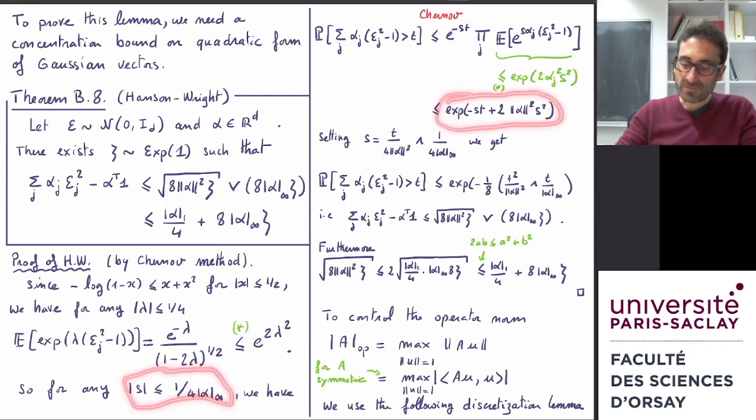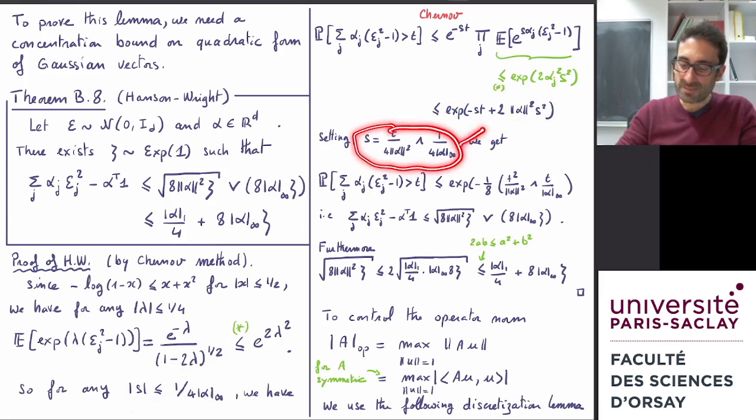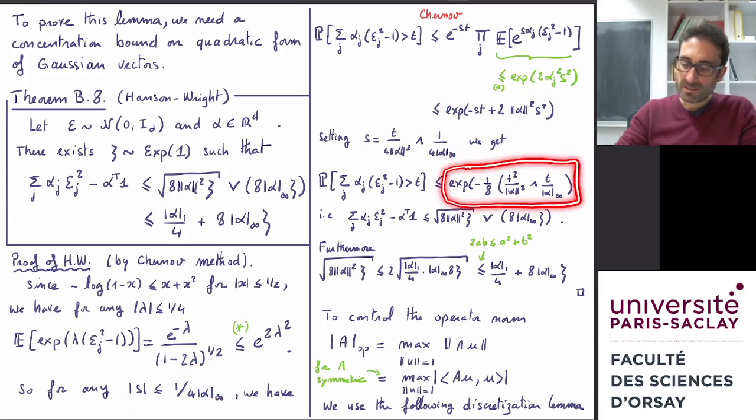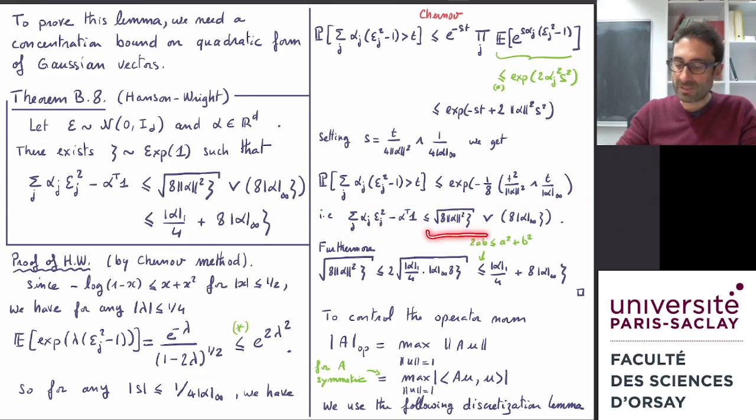And now if you plug this value in this bound here, you end up with this upper bound on this probability. This is exactly the same as saying that the difference between my quadratic form of epsilon j and its expectation is upper bounded by this quantity, where psi follows an exponential distribution with parameter 1.